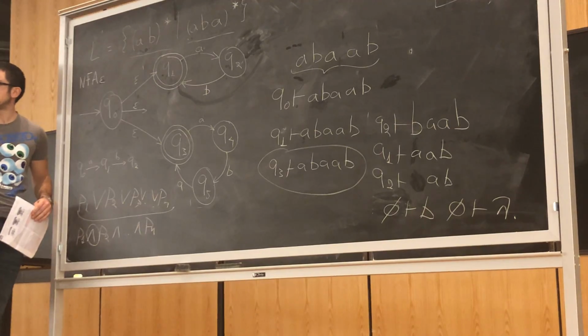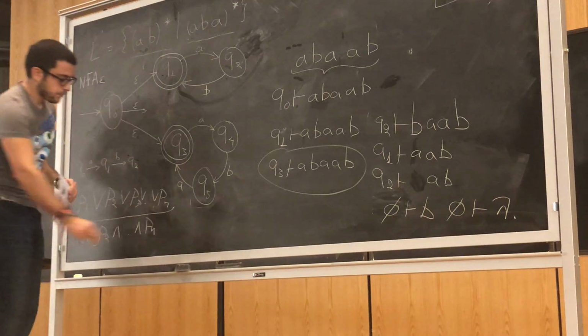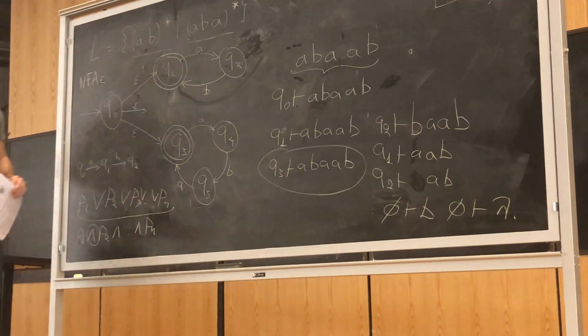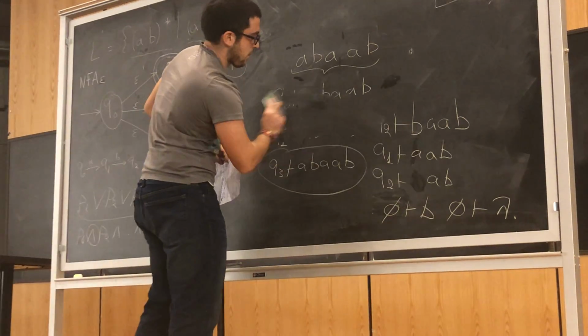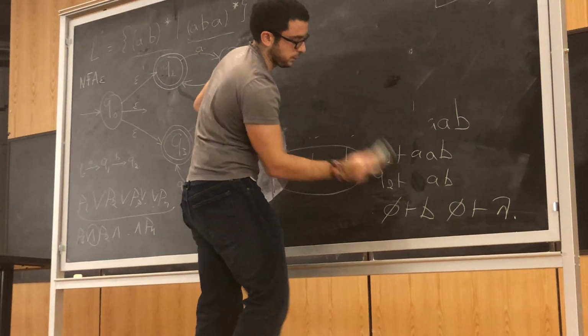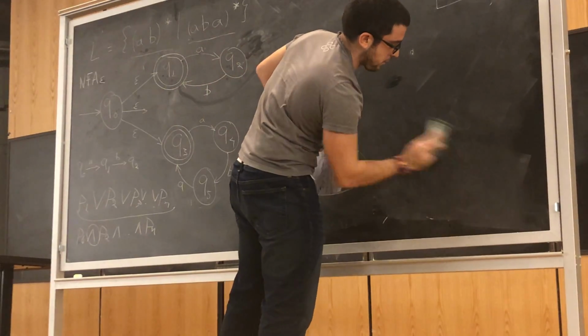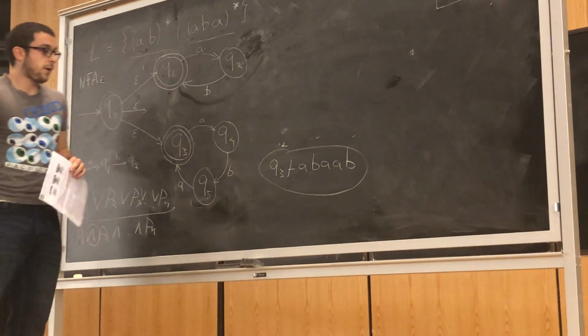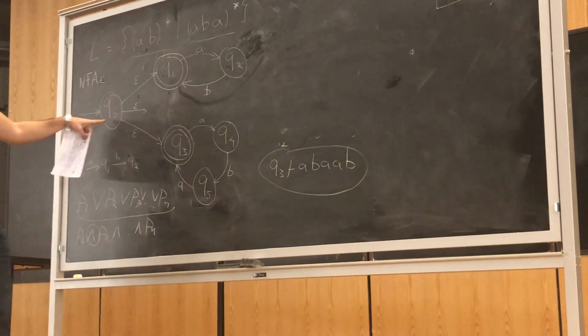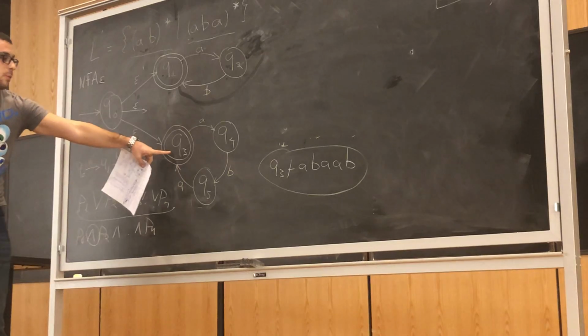That's fine. So, let's run the other pathway. Q3, with that input, we said that we had the epsilon transition, so we run from this point.